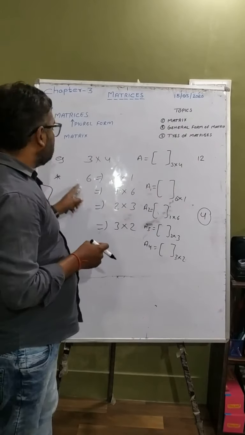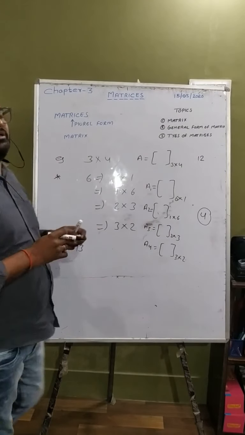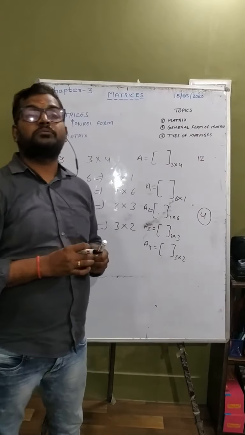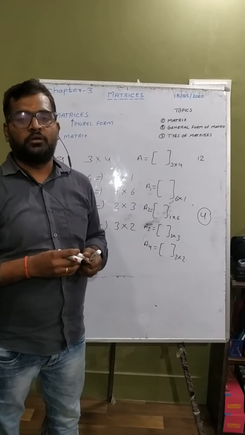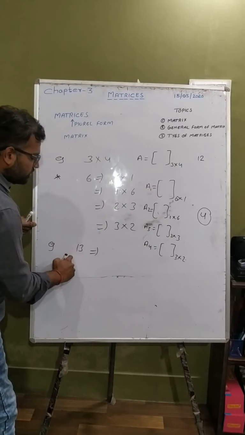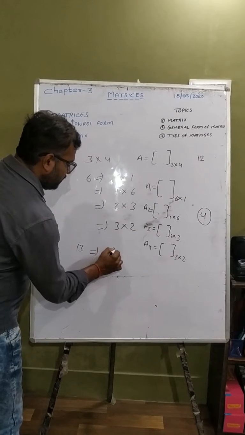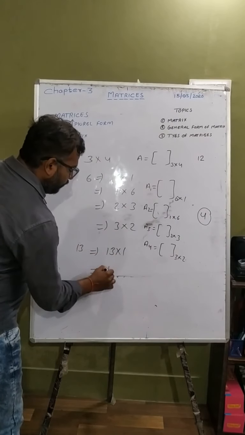Clear? One more example. Suppose in a given matrix there are 13 elements. Then how many possible matrices can be formed? The simple procedure is there. How can we write 13 as a product of two numbers? 13 can be written as 13 into 1 or 1 into 13.